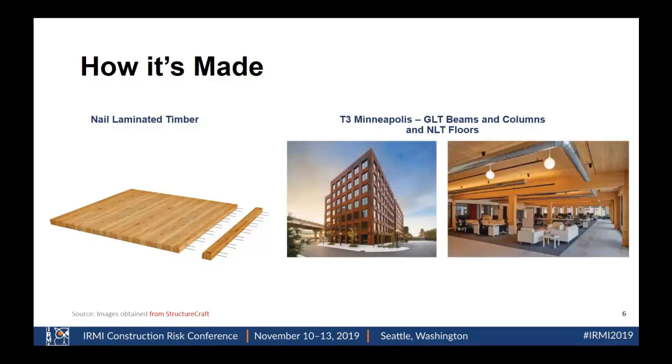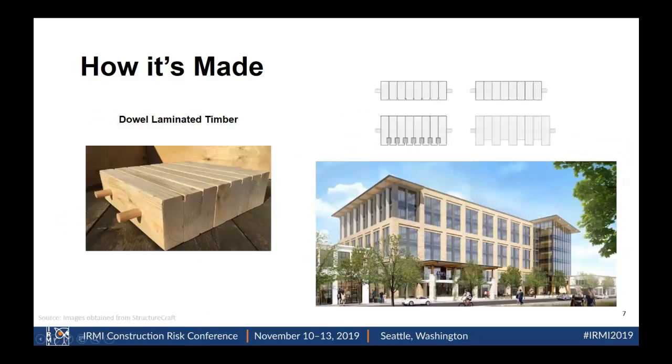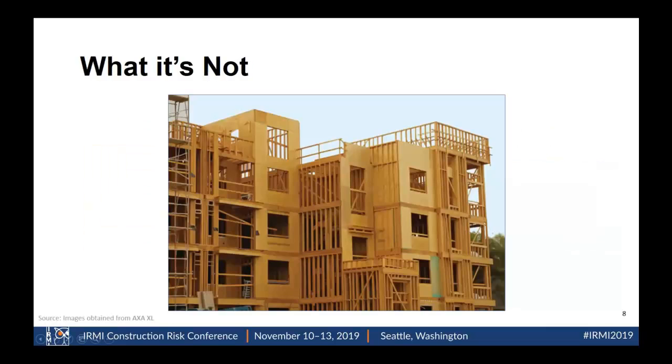Here are some examples of NLT, and some of the buildings that have been built, and you can see the finished product on your right. This is another example of DLT, dowel laminated timber, predominantly used on the horizontal surfaces, the floors.